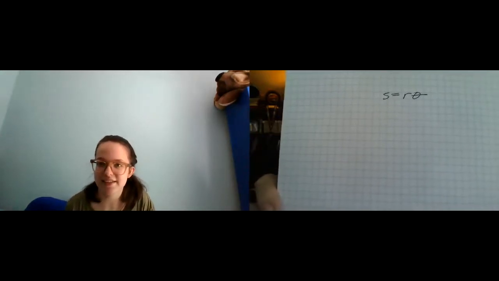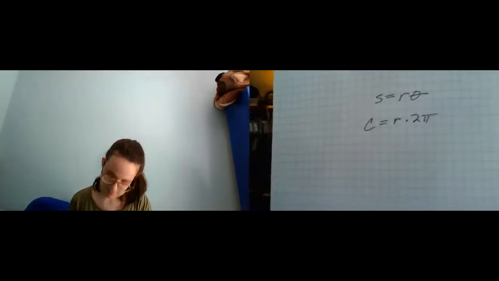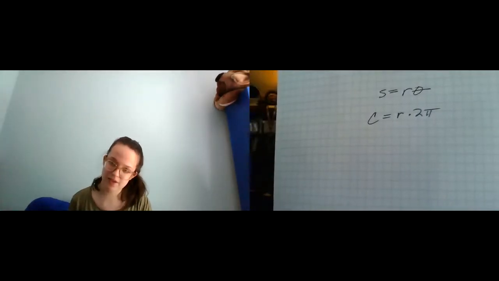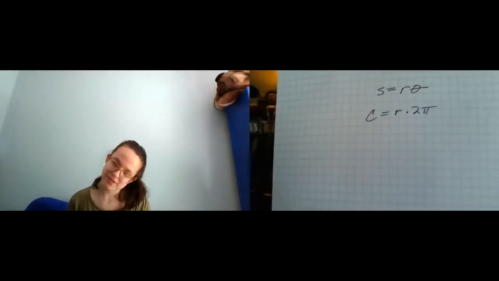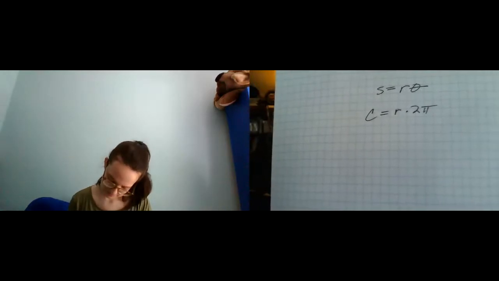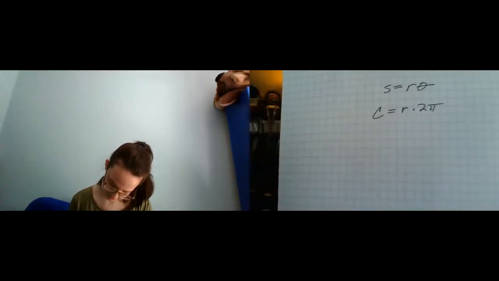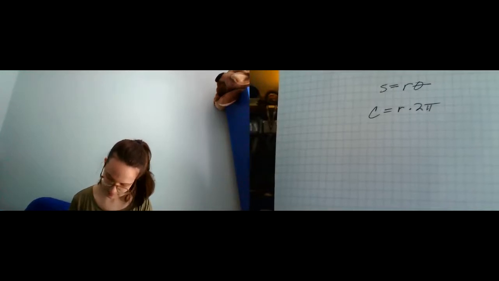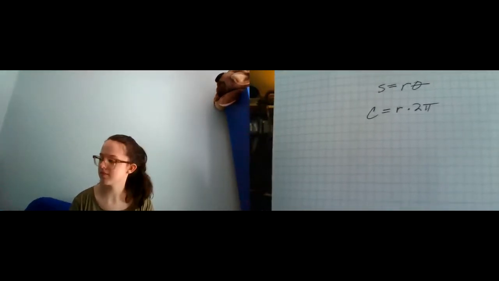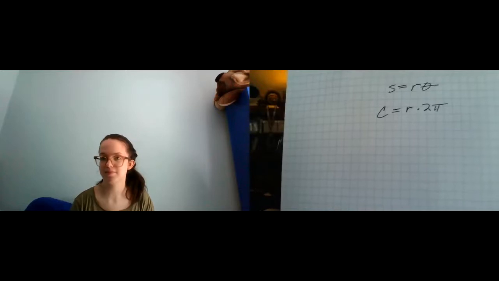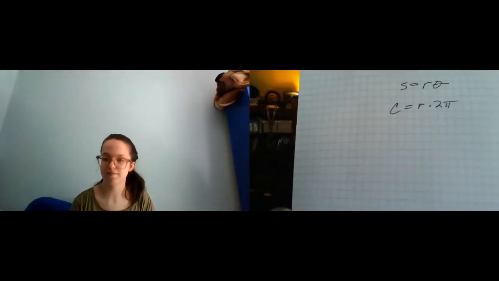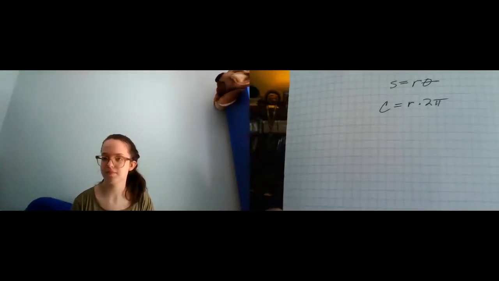And there's another way to remember that equation. Circumference is r times 2 pi. That's where the 2 pi comes from. Pi comes from the circumference divided by the diameter, so C equals r times 2 pi.